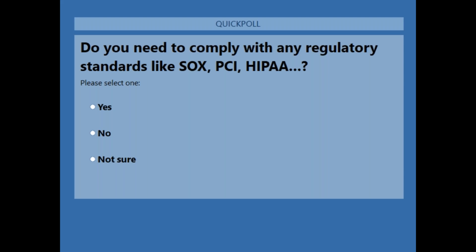So if you're under any of those regulatory, I know that my background is in gaming, so that is a whole other version of regulatory standards that have to be observed. Banking has their own set. Government works on a whole other level.